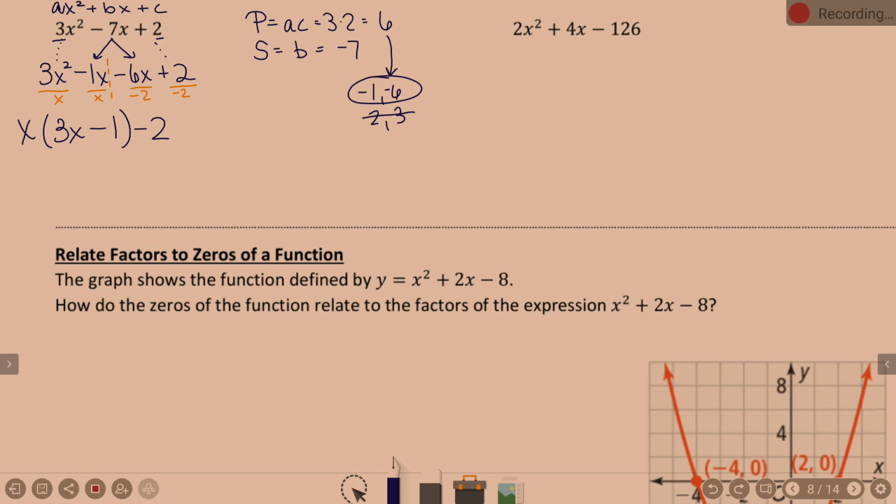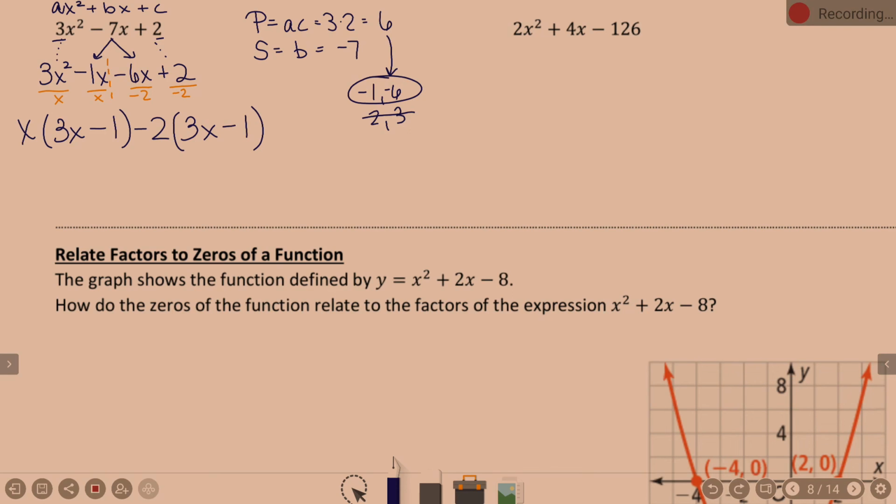Negative 6x divided by negative 2 is 3x. Negative divided by negative is positive. Plus 2 divided by negative 2 is minus 1.